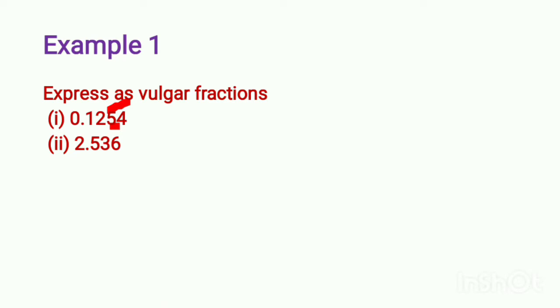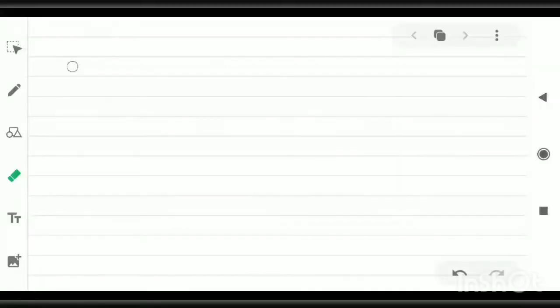In the first problem we have 0 point something, and in the second we have 2 point something. Let's quickly solve both. Now 0.1254.